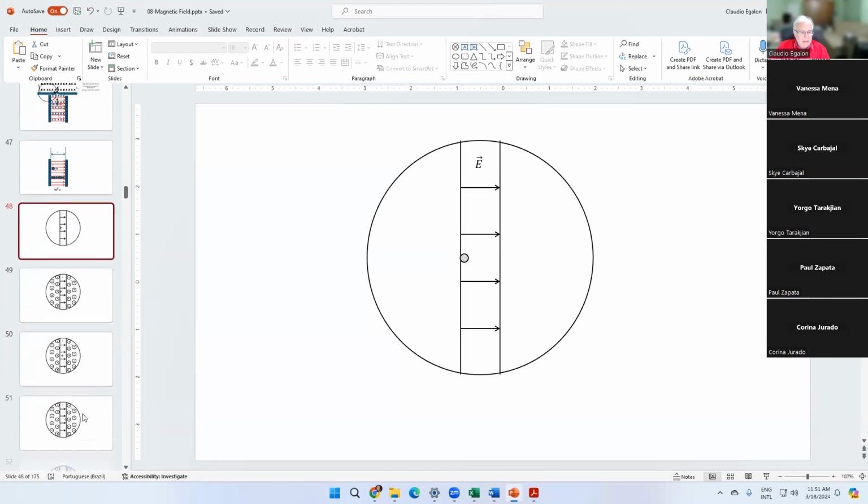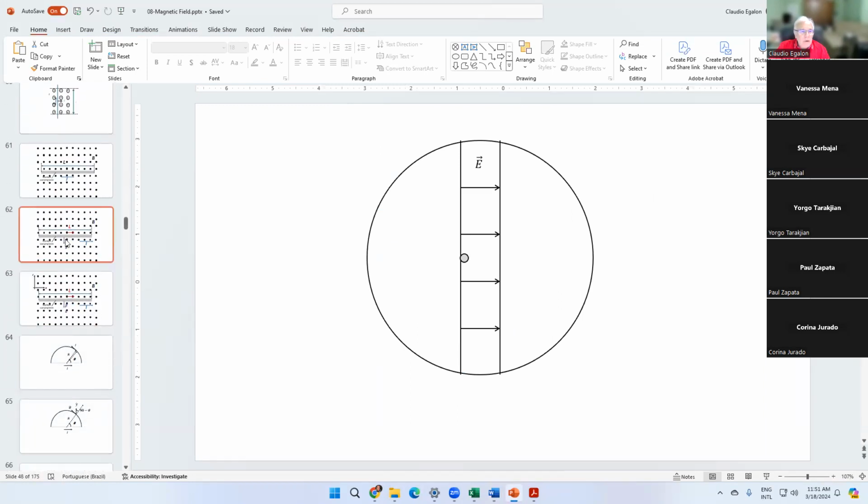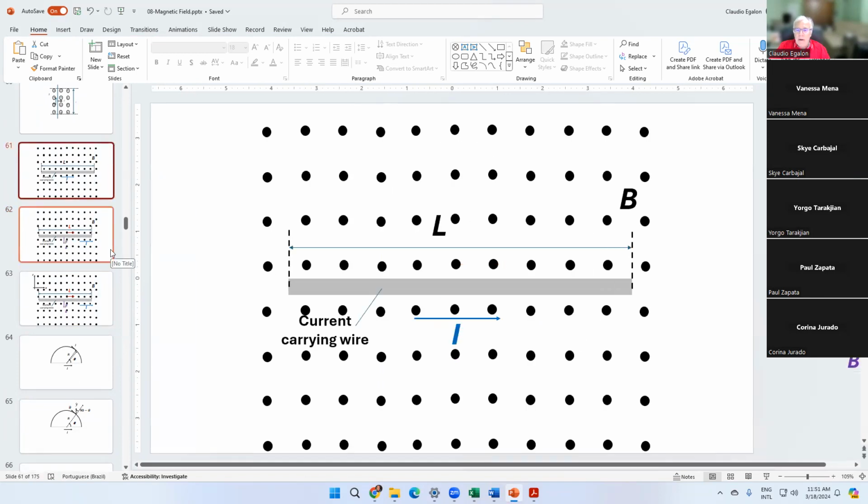Let's see if I have an illustration here. Okay, yeah, current-carrying wire. Suppose that we have this small section of a wire that's carrying a current.